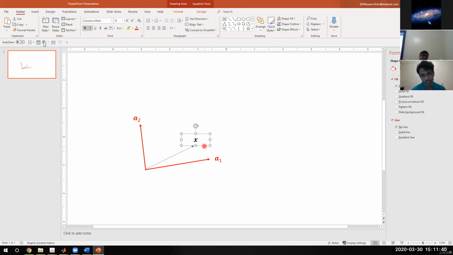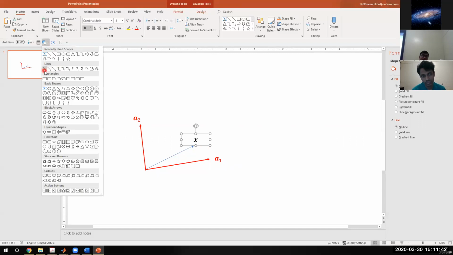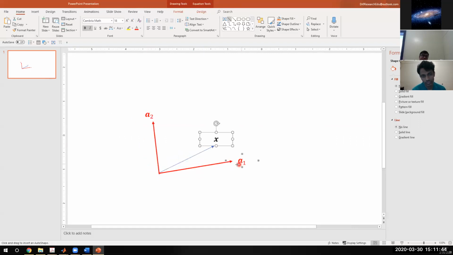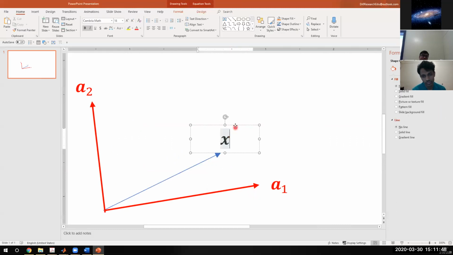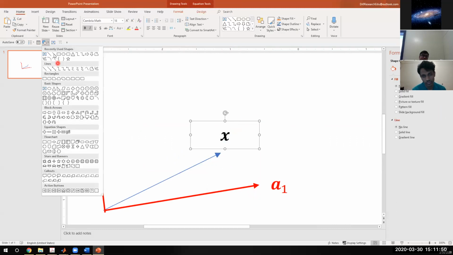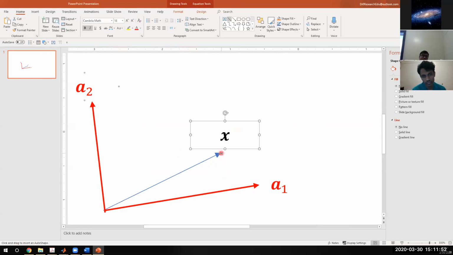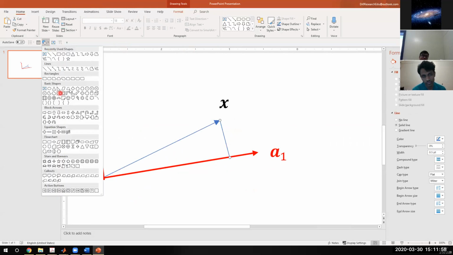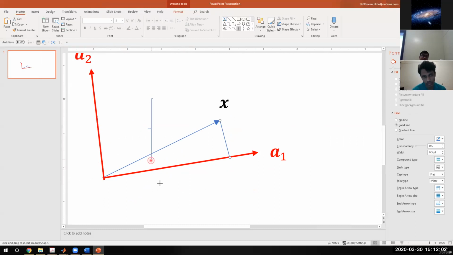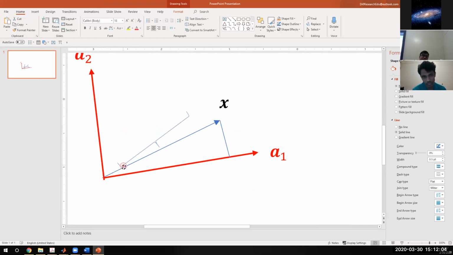Simple. How you would do it is this. You're going to get this distance from here to here, right? And then the corresponding coordinate equals this.